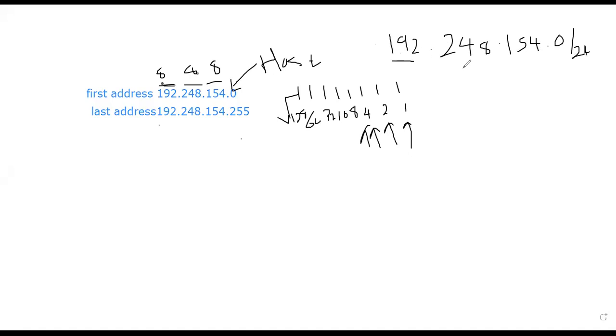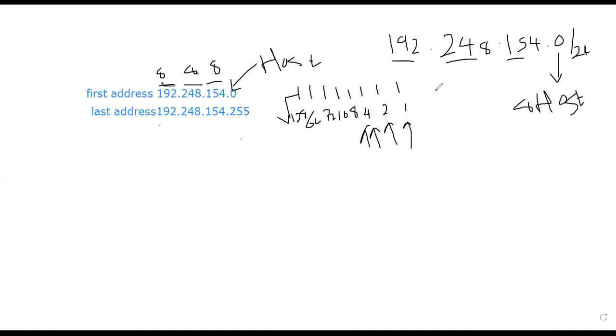So here 8, here 8, here 8, 8 plus 8 plus 8 is 24. Here we have the remaining 8 bits, which represent the host bits. So there are 8 host bits, and using these 8 host bits only, we can create the subnets.